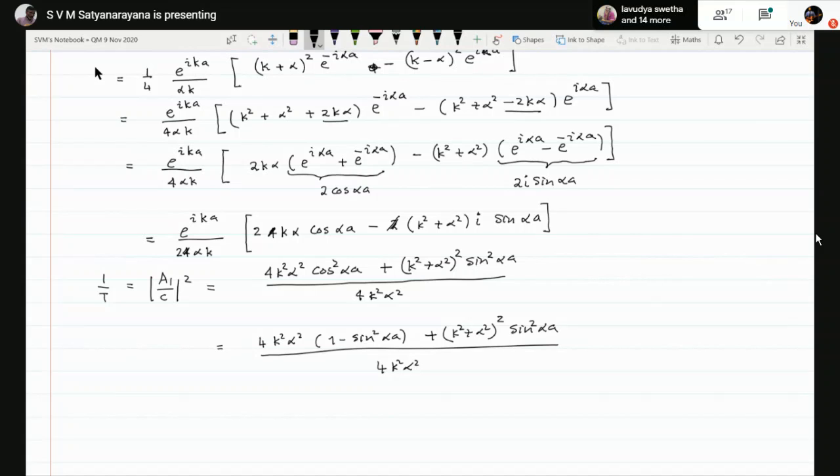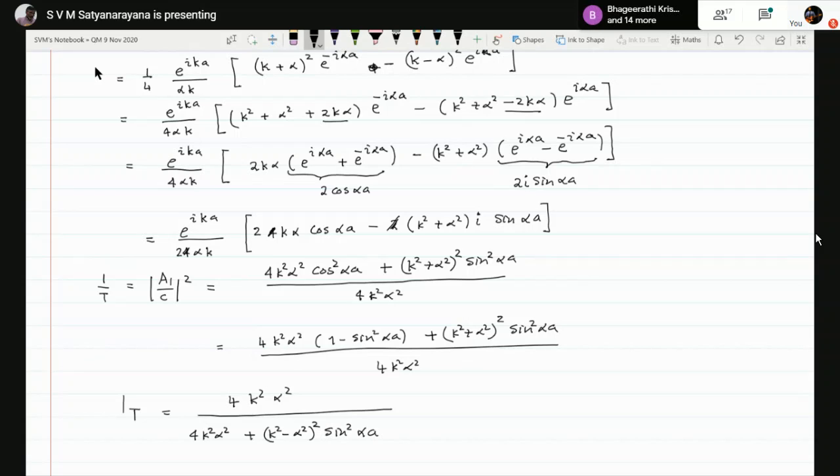Okay. So I can now write down the reciprocal of this. The transmission coefficient is equal to 4k square alpha square divided by 4k square alpha square plus k square minus alpha square whole square into sine square alpha a.